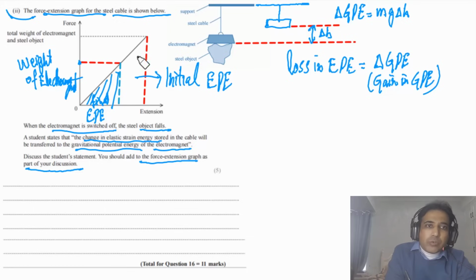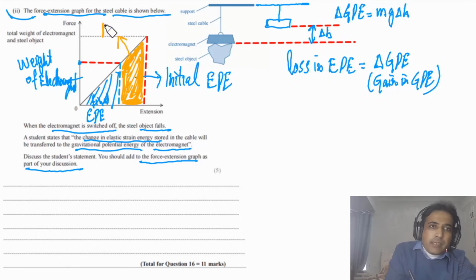Let me use orange color. So this area is the change in EPE, delta EPE.